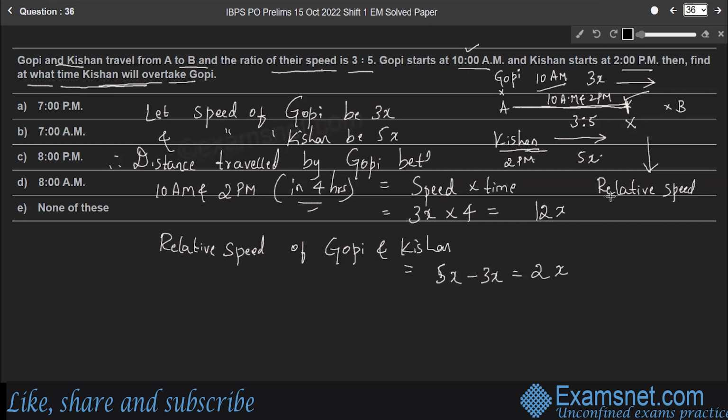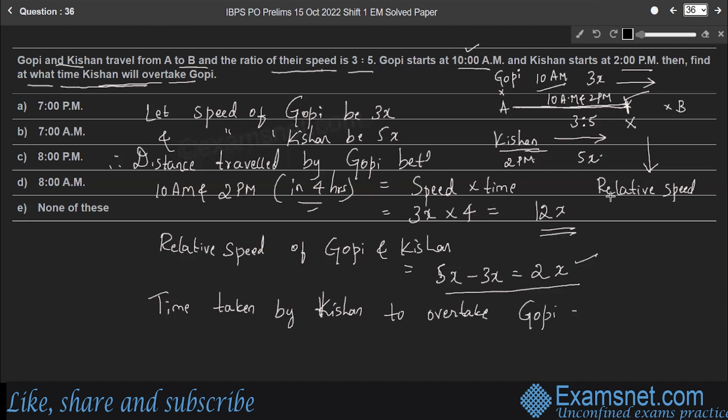Right? So if their relative speed is 2x and the distance traveled by Gopi is 12x, the time taken by Kishan to overtake Gopi, by the formula, speed is distance by time, therefore time is distance by speed.